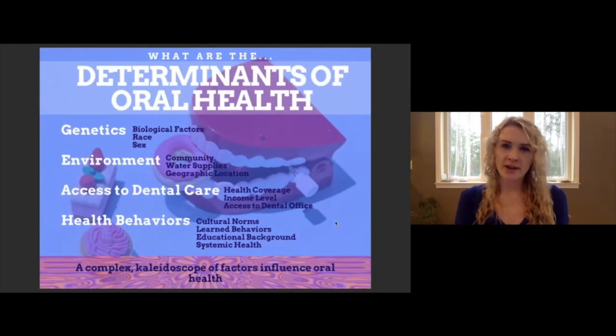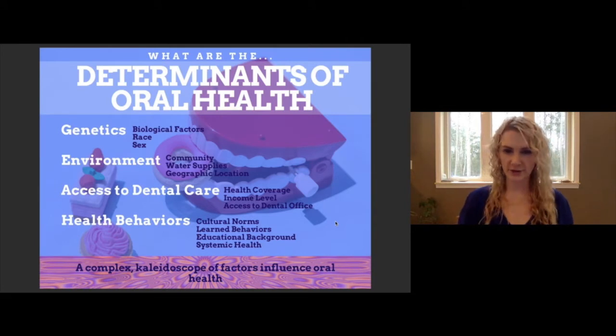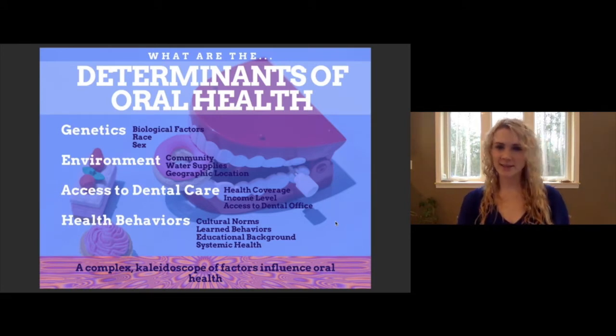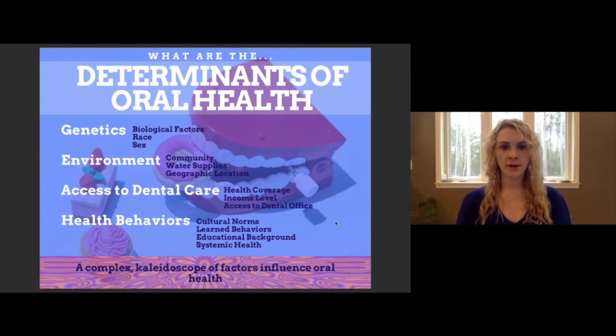So what are the determinants of oral health? Well, these are broken down into 4 big components, including genetics, environment, access to dental care, and health behaviors. What are genetics? These include things like biological factors, our race, our ethnicity, or our sex. Our environment includes what surrounds us, our local community water supplies. Do we have well water or do we live in a city? Our geographic location. Are we rural or are we in an urban environment?